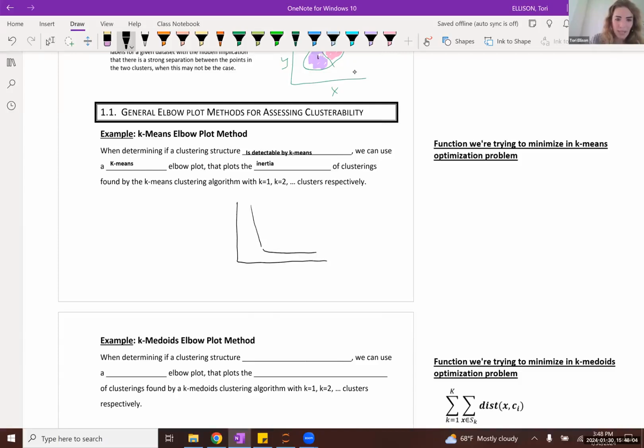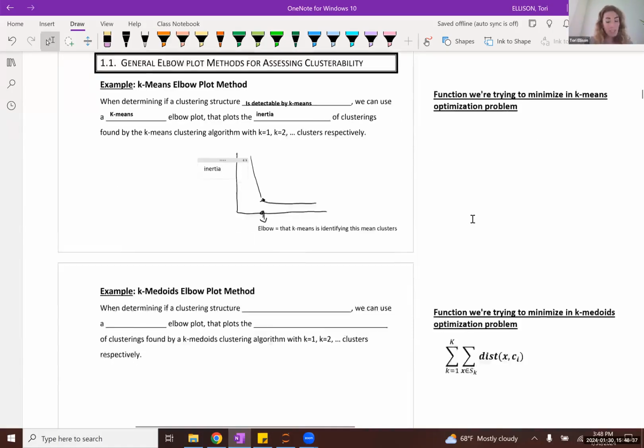And if we see an elbow, a strong elbow or any kind of elbow in that plot, that implies k-means is identifying, at the very least, this many clusters. Remember, what we're plotting on the y-axis is the objective function that we're ultimately trying to minimize in the k-means optimization problem. Now that's a k-means elbow plot.